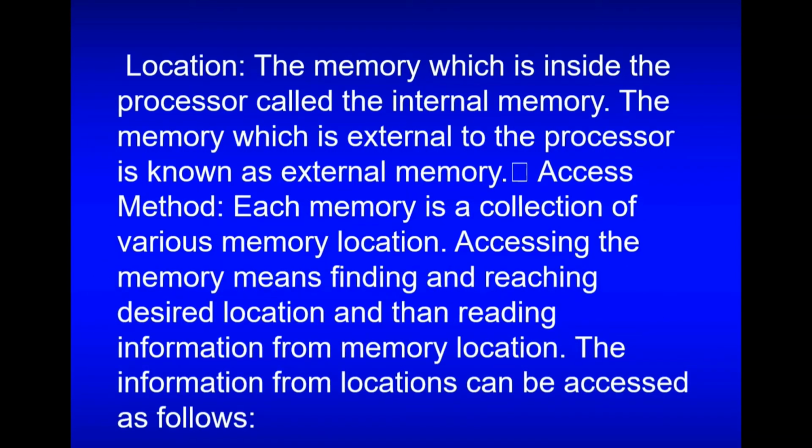Here we will try to elaborate the characteristics of memory. The first one is location. The memory which is inside the processor is called internal memory. So that is what the basic classification will be: internal memory, and the memory which is external to the processor is known as external memory. So when I talk about the processor, there will be a motherboard.